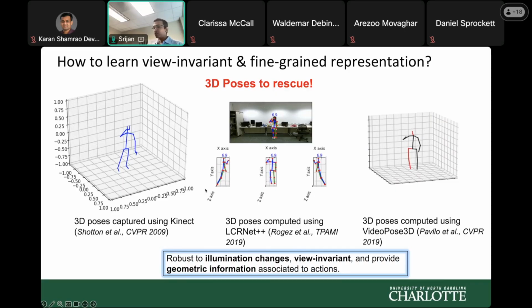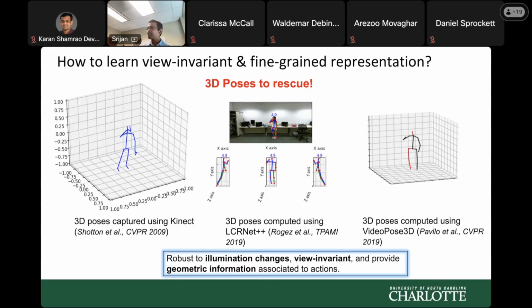But nowadays, you basically don't need depth sensors to get these kinds of skeletons or 3D key points, because this image and even this video at the right are 3D poses extracted from only video. We don't need sensors anymore because we have very good deep learning models which can just take your RGB video and generate this kind of high quality 3D human poses of a person performing activities.